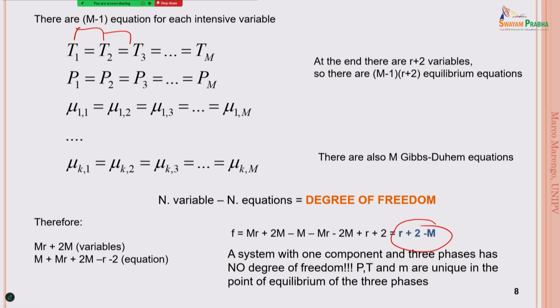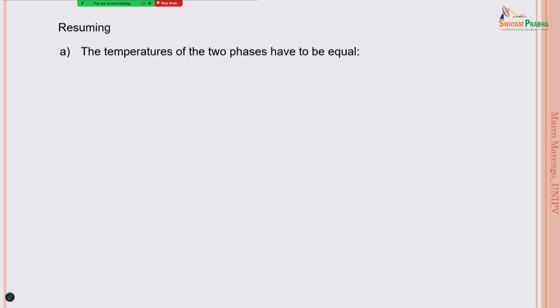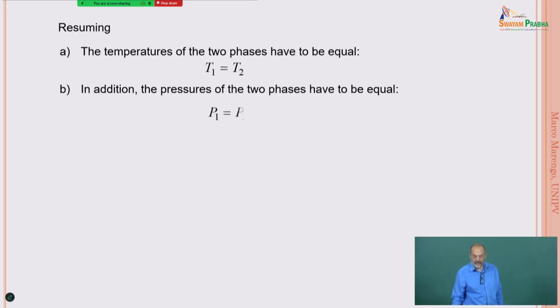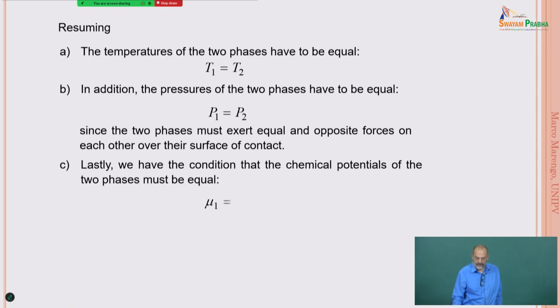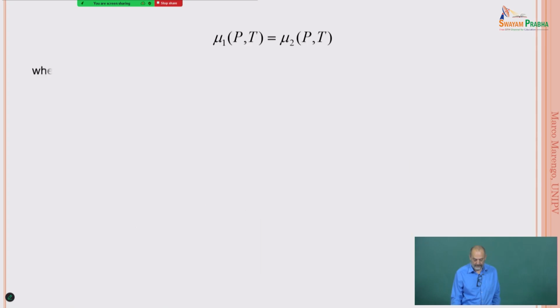So in this sense, we have that P, T, pressure, temperature, and chemical potential, this is not an m, but a mu, sorry, are unique. So we have only one point. In fact, it's the so-called triple point. Okay? So the temperature must be equal, the pressure must be equal, and the chemical potential must be equal. Okay?